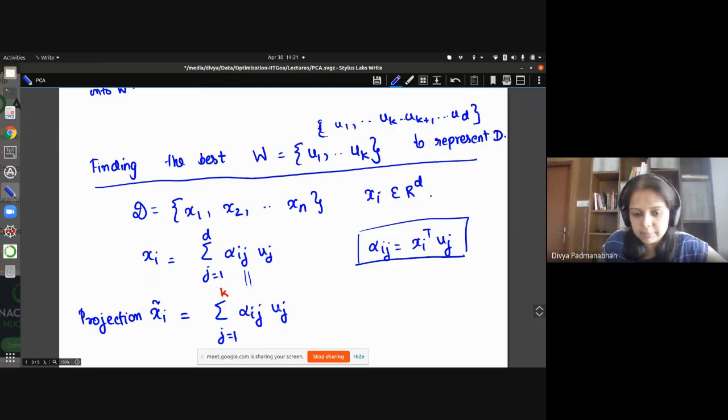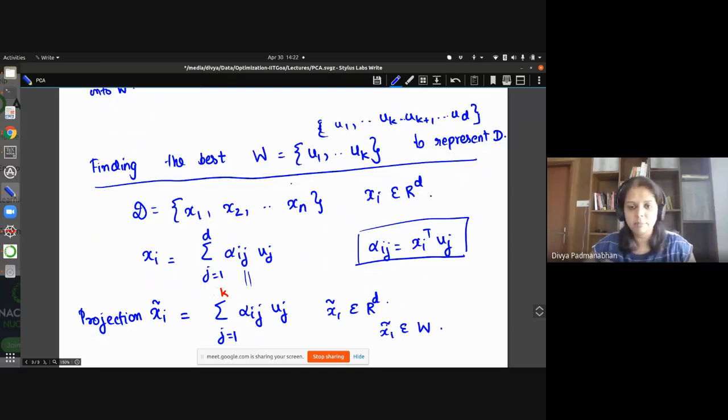This is a lower dimensional projection, and xi tilde is also an element of Rd, but it lies within W. So xi is in Rd and xi tilde is in the subspace. I'm using span and subspace interchangeably, which I think should be clear.